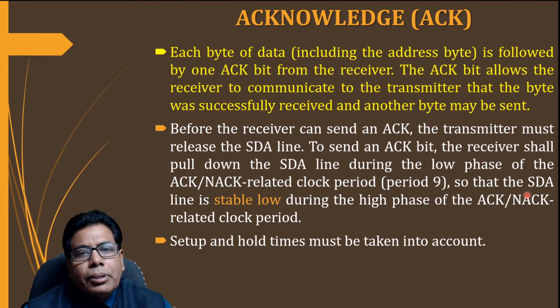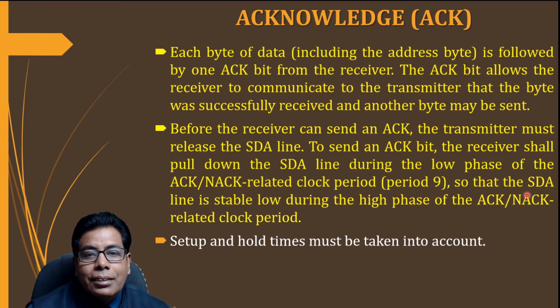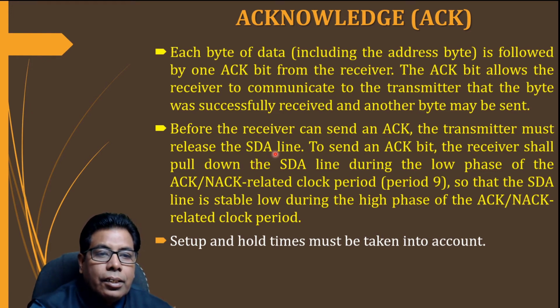The acknowledgement bit allows the receiver to communicate to the transmitter that the byte was successfully received and another byte may be sent. So this is the acknowledgement for the byte. Before the receiver can send an acknowledgement, the transmitter must release the SDA line. Releasing the SDA line means that if it is low, it should go high.